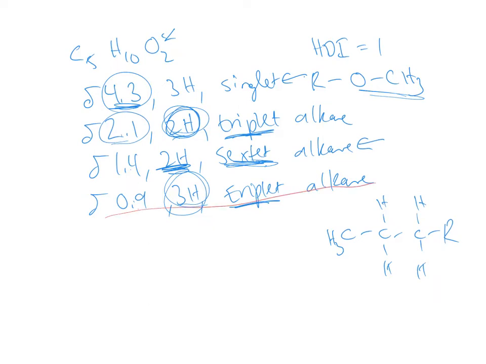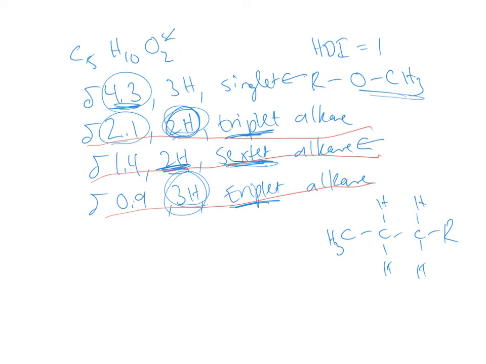We have our CH2, which is this signal. So that's coupled to 5 different hydrogens, which makes it a sextet. And then we also have this guy, which is coupled to these 2, so that would make it a triplet. So that is this guy. So we have taken care of all the hydrogens in our molecule.